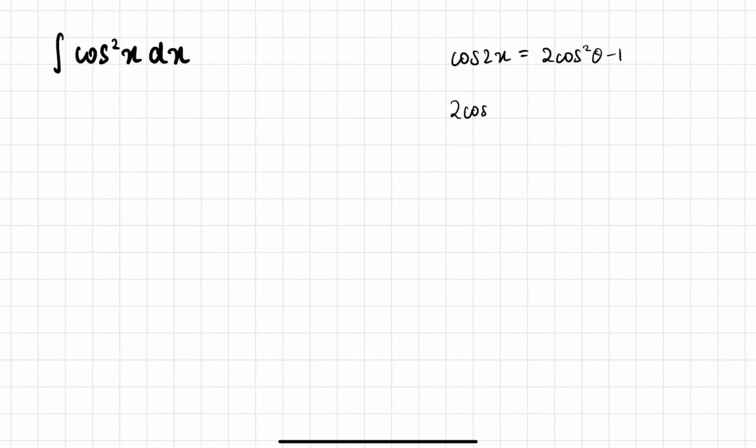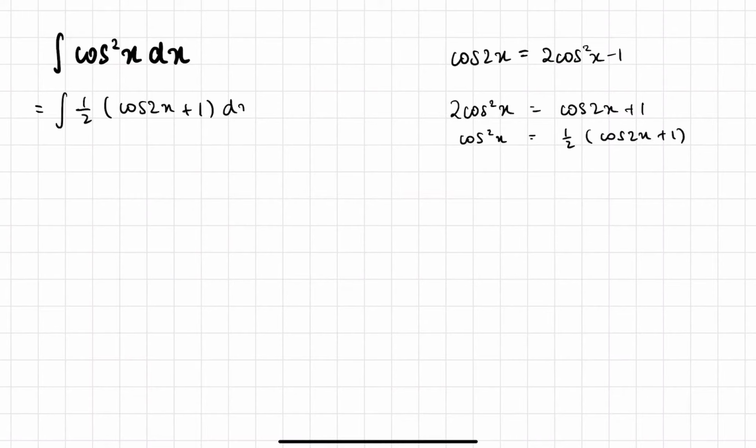So cos squared x equals half of cos 2x plus 1. Let's change this to x, and come over here and replace it again: half, cos 2x plus 1, dx. And that's pretty much the answer.